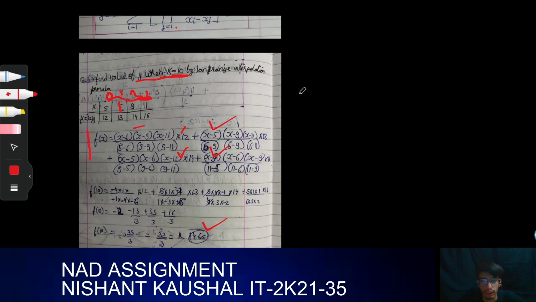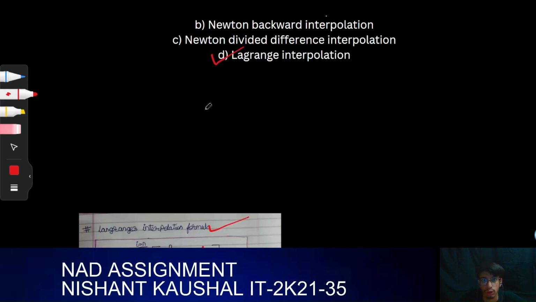If we want to find the value at, let's say, x equals 12, we can solve it using this formula only. Just in place of x, put the value 12, and we will find the value of a function outside the data points. So its answer will be D, Lagrange's theorem.